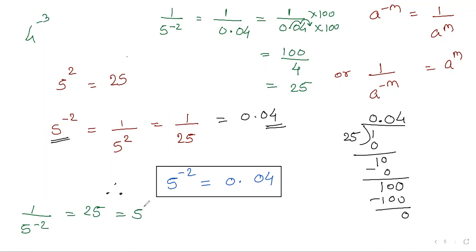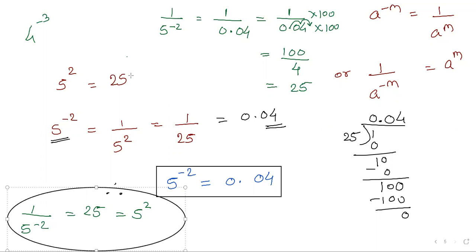I got 1 upon 5 raised to minus 2 is equal to 25. Means what? 5 raised to 2. That's exactly what I'm trying to say for such a long time. An important point: 1 upon 5 raised to minus 2 is actually 5 raised to power 2. Means 1 upon a raised to minus m is actually a raised to the power m.